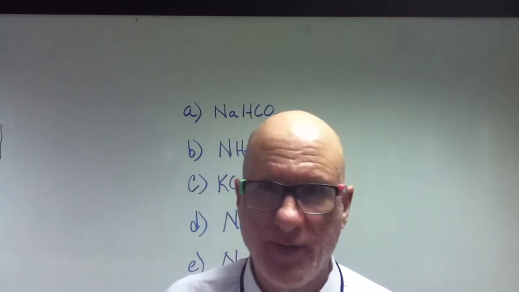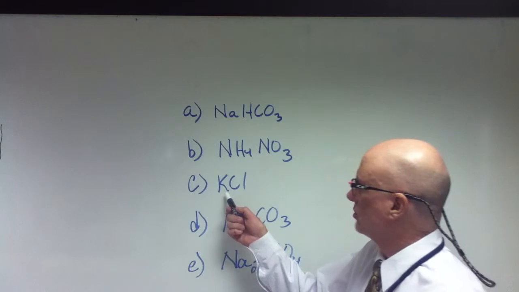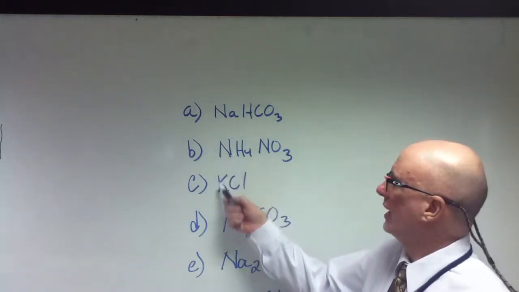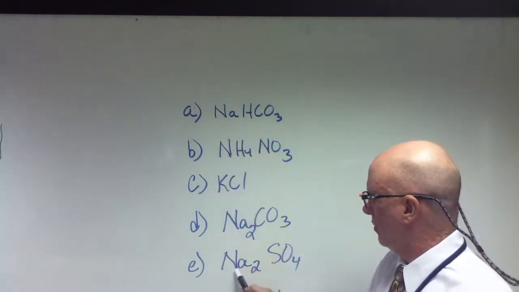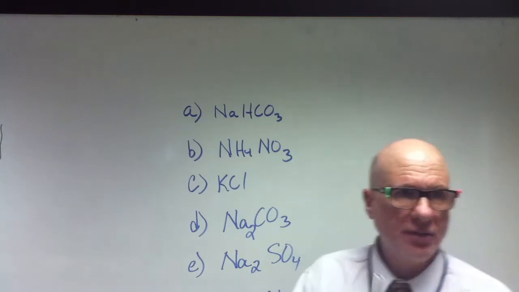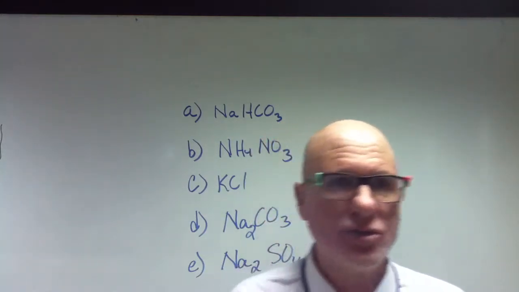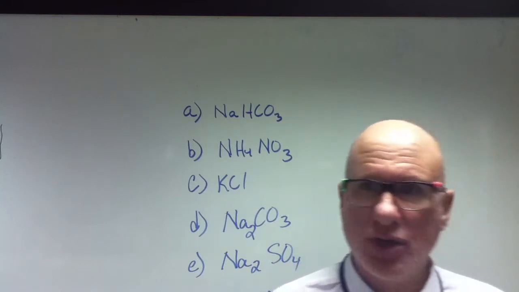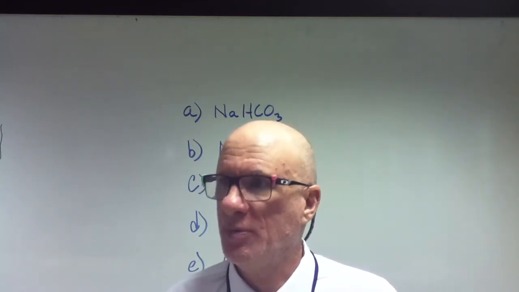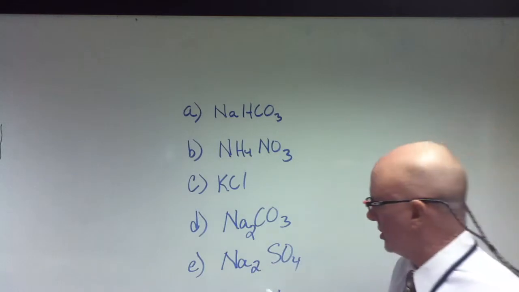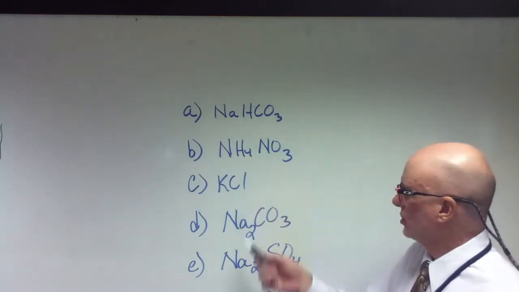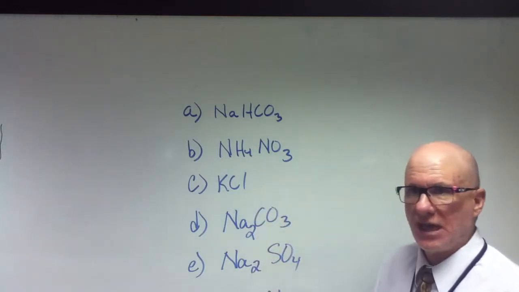All the metals, if you have a metal from 1A, sodium, potassium, rubidium, cesium, francium, those elements that make salts, they're going to all be soluble. Notice also that ammonium salts are always completely soluble.